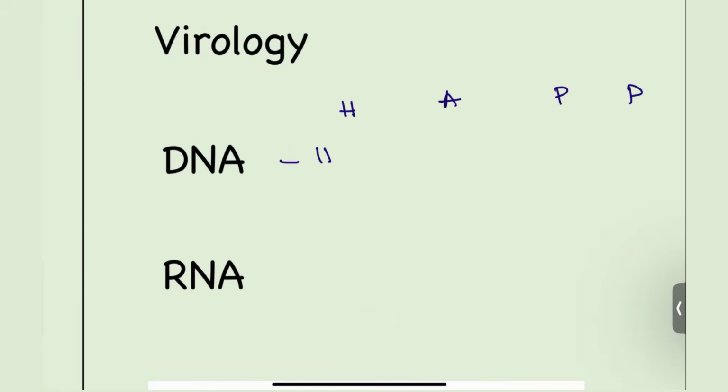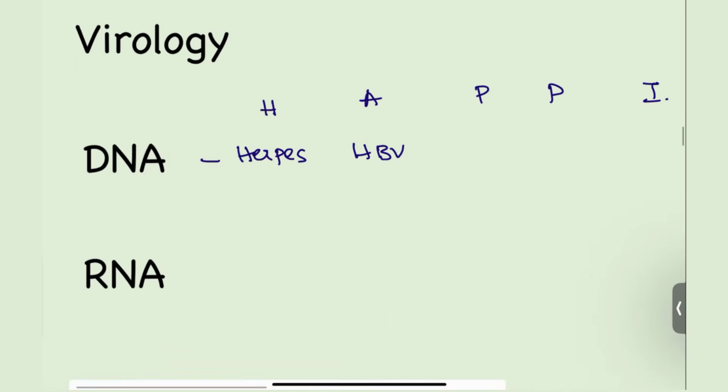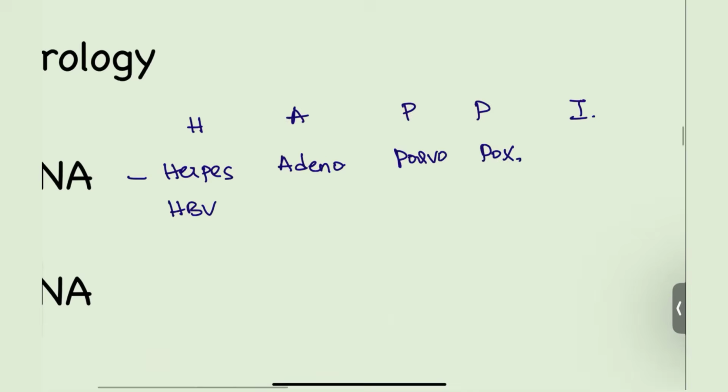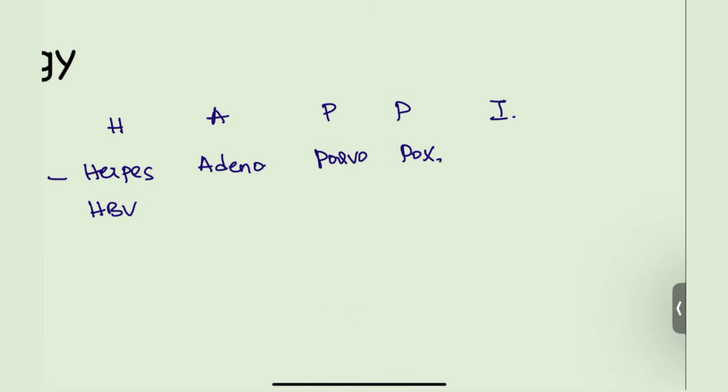So what are the letters for? First, H: all the herpes viruses, which are DNA viruses, and HBV, hepatitis B virus, and also A for adenovirus, P for parvovirus, another P for poxvirus, and the last one is for the Y, which is for papilloma.